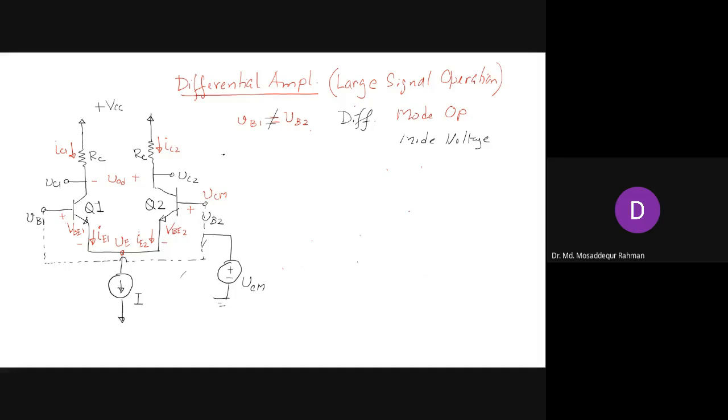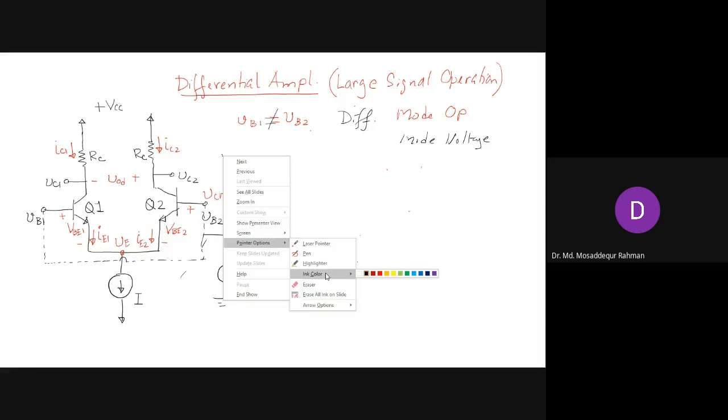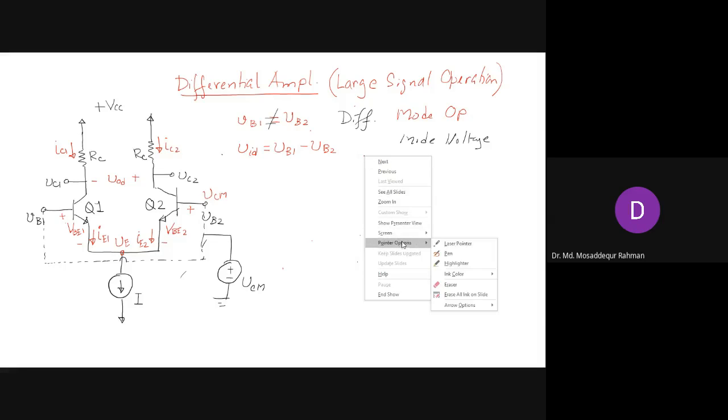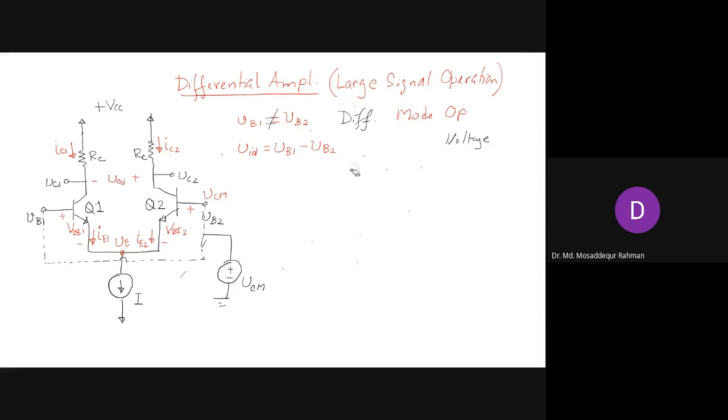In this case there will be a differential input voltage, since these two are not the same, and we can express VID as VB1 minus VB2, right? So that is our differential input voltage.